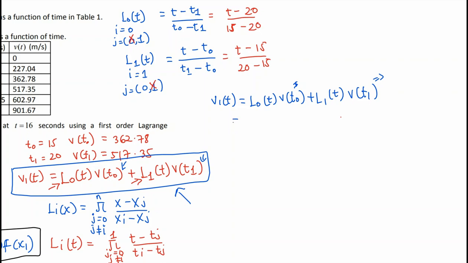Let's do the substitution. For L0 of t, we have t minus 20 divided by 15 minus 20, multiplying V of t0, and we know V of t0 is 362.78.